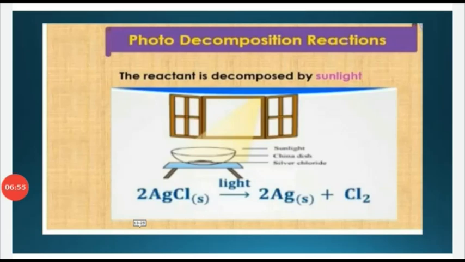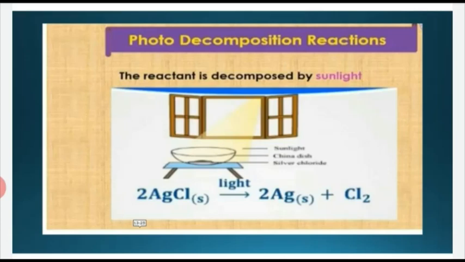Next reaction is the photodecomposition reaction. Here, light is another form of energy, we all know very well, isn't it? So this light is another form of energy which facilitates some decomposition reactions.